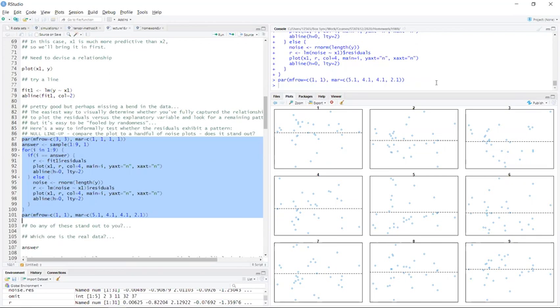If none of these stand out, then I'm going to say, all right, it's reasonable that the true relationship is a line and the residuals are just due to normal noise. All right, so the question is, does one of these stand out?